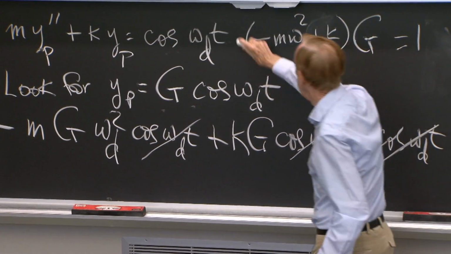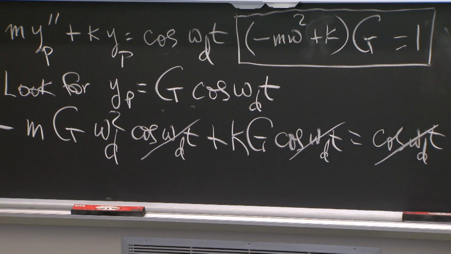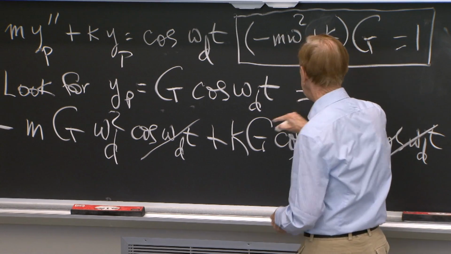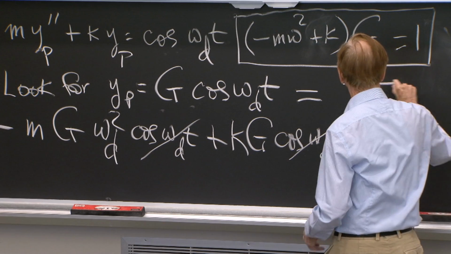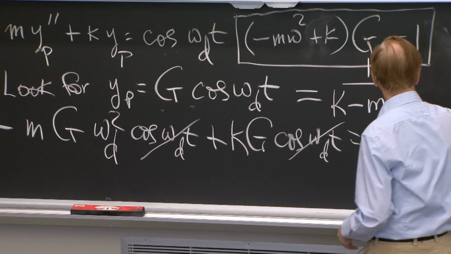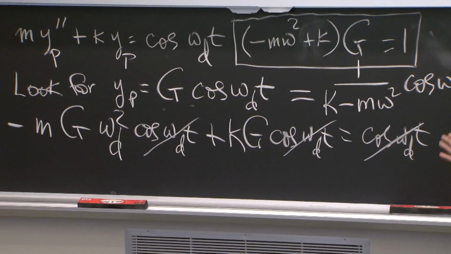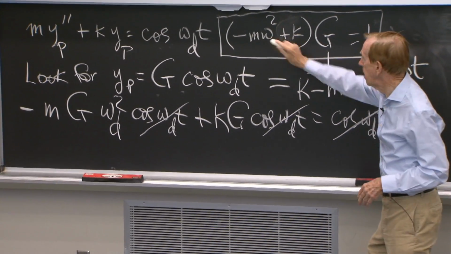That's it. We looked for a solution with that simple form, and we found it. So now we know G, the gain. The solution is G equals 1 over k minus m omega squared, times cosine of omega t. And omega is omega_d now.